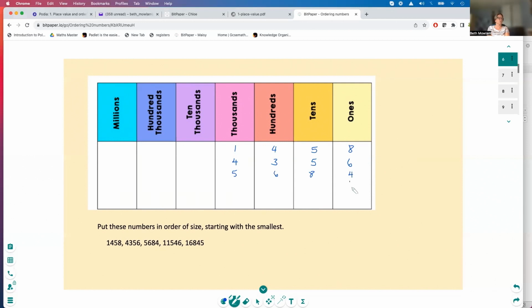I've got 6, 4, 5, 1, 1. And I've got 5, 4, 8, 8, 6, 1. So what I'm going to do then is fill in any gaps with zeros.